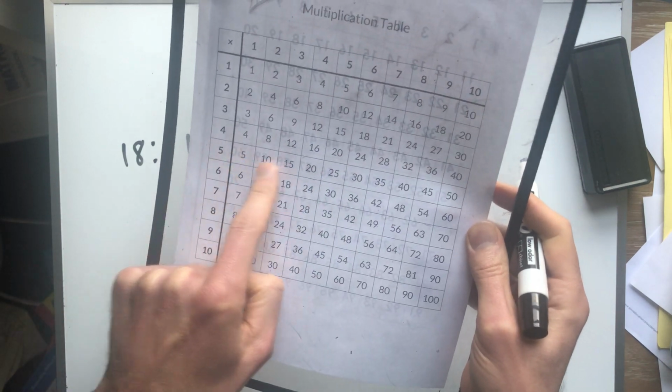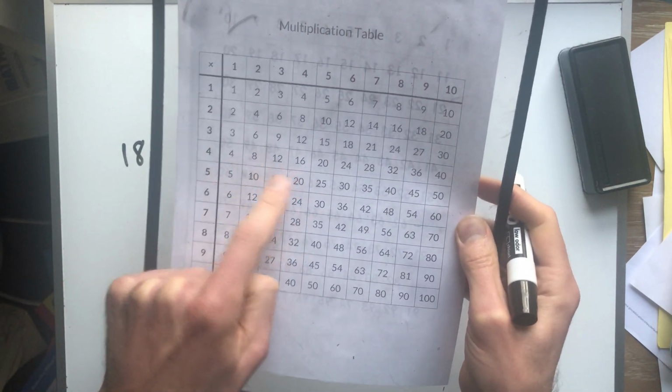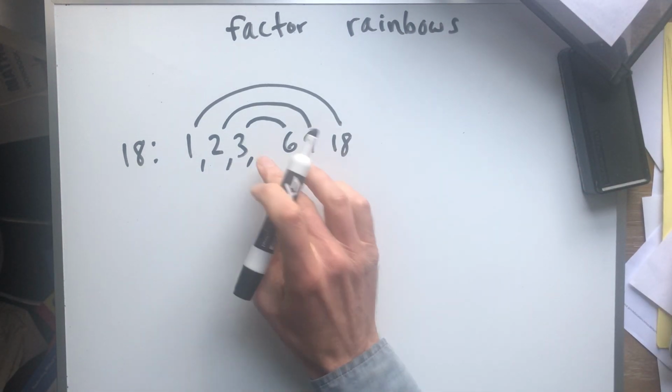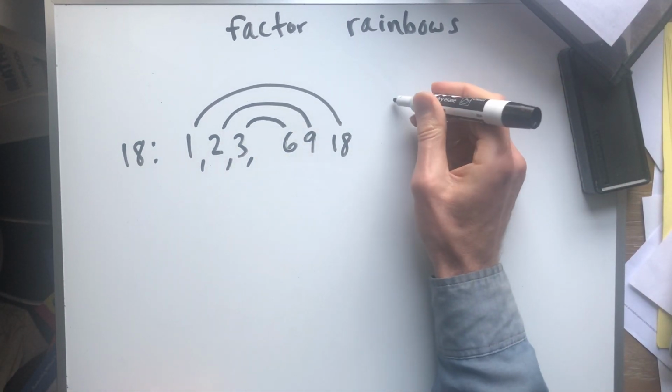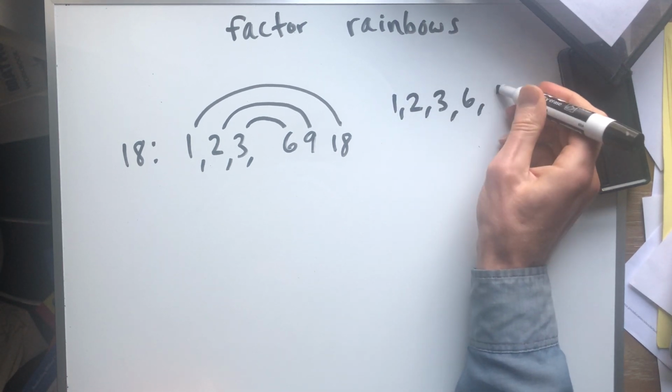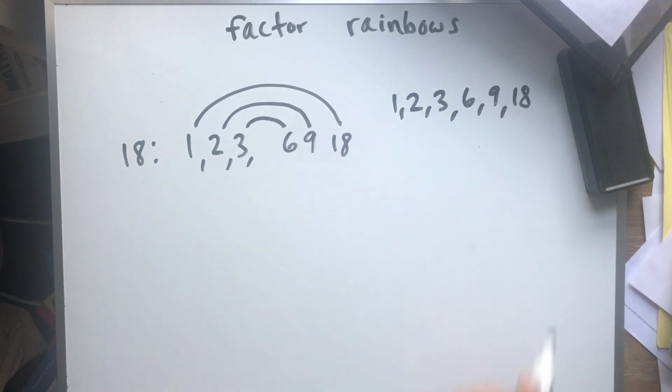And 5 definitely doesn't, because 5's always end in 5, 10, 15, 20. They always end in a 5 or a 0. So that's it. I got them all. The factors are 1, 2, 3, 6, 9, 18. We'll do one more, and then you guys will do your assignment.